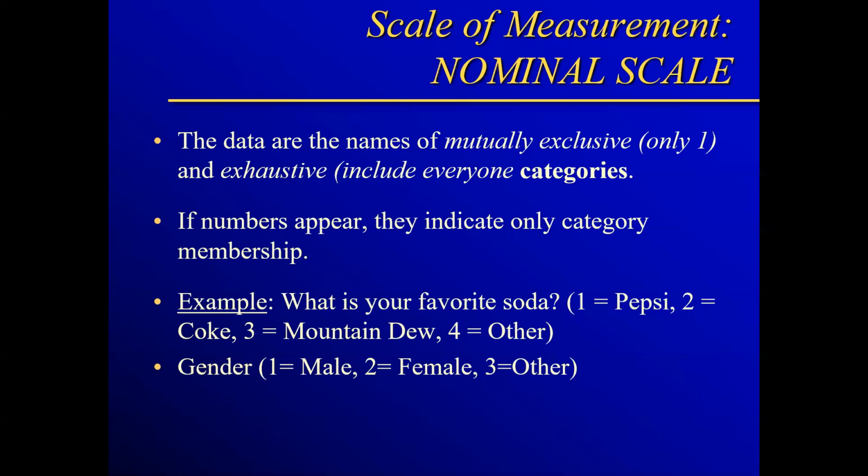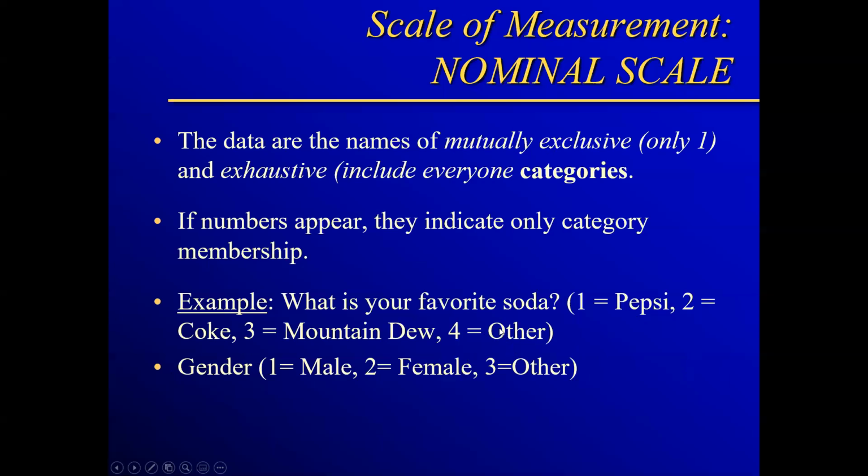And it must be exhaustive in that every participant should be able to choose an option. Let's think about that gender one. Let's say my options were just male and female. When we're talking about gender, it can be other. If someone did not identify as male or female, they wouldn't be able to choose. Think about the soda example.